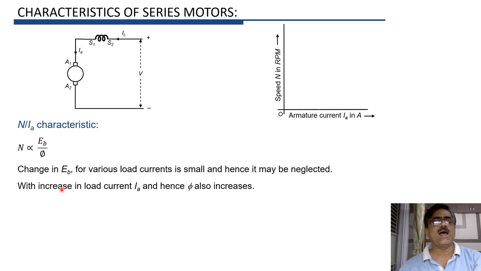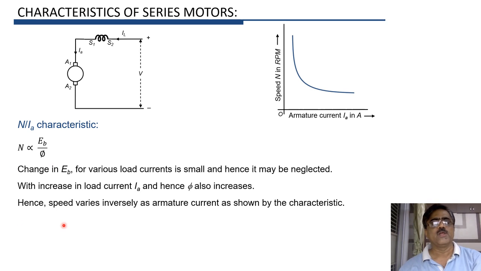As load increases, flux phi also increases, and with increase in flux phi there is reduction in speed N. Therefore speed varies inversely as armature current in case of DC series motor, and it is shown by this inverse characteristic. As the load or armature current is increased, speed of motor N decreases.